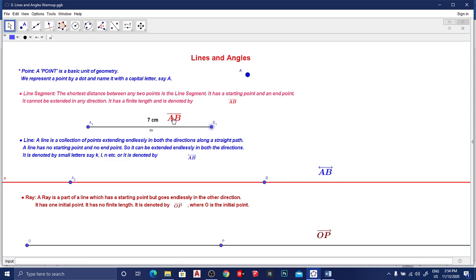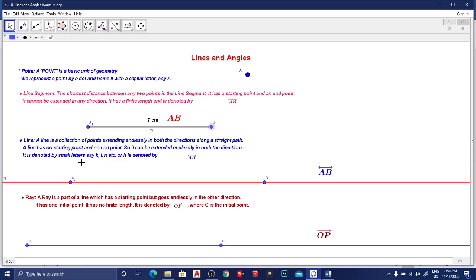For a line segment, there are no arrows at the ends of the bar. Here there will be 2 arrows on the bar above. This is the symbol for line AB. A line has no starting point and no end point, so it can be extended endlessly in both the directions.